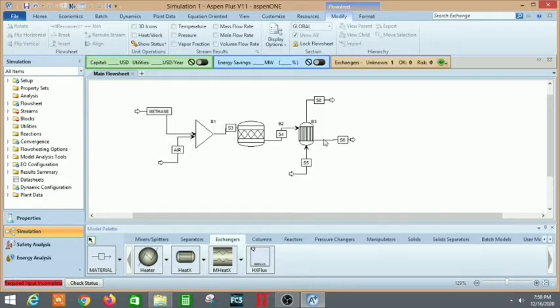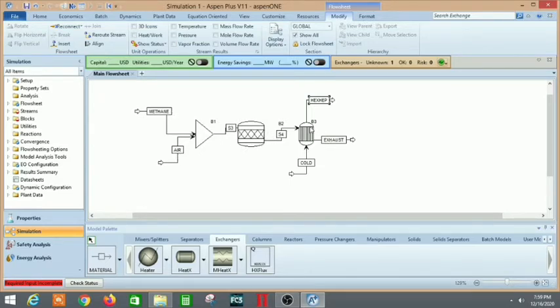Everything is ready, so let's rename these. This is my exhaust, and this is my hexane and heptane, my cold stream actually, which will cool the exhaust gases. Everything seems ready, and we can put in the data.